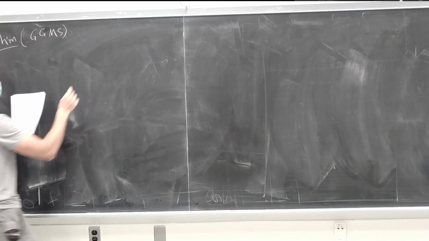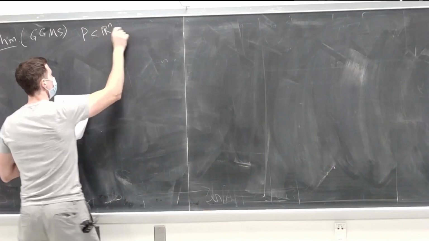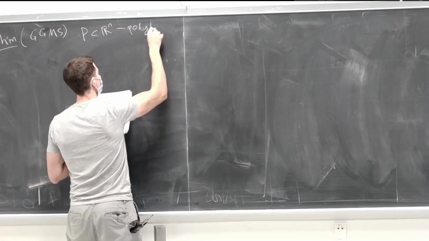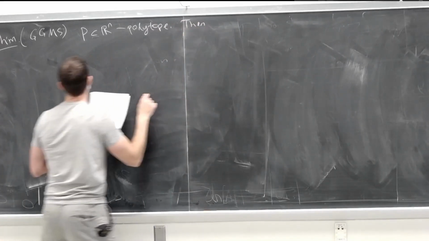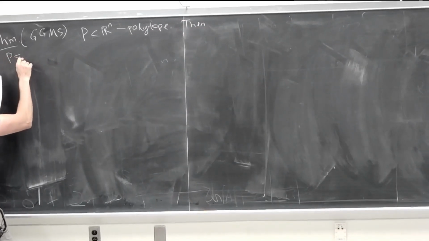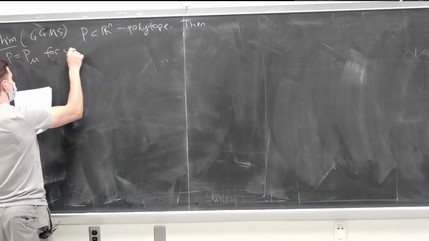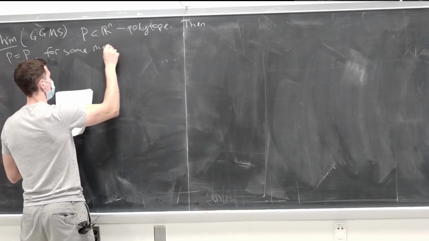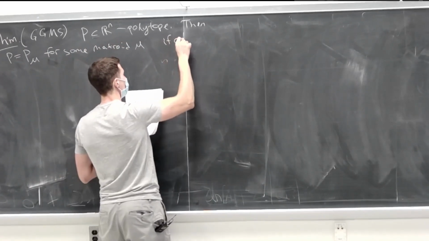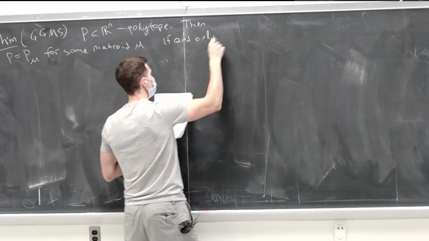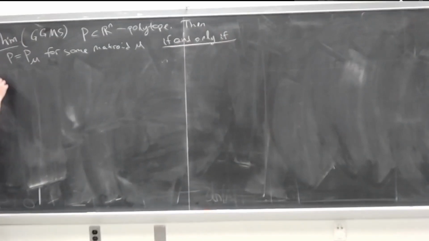Let's say you have a polytope P. Then P is a matroid polytope for some matroid M if and only if the following two conditions are satisfied.